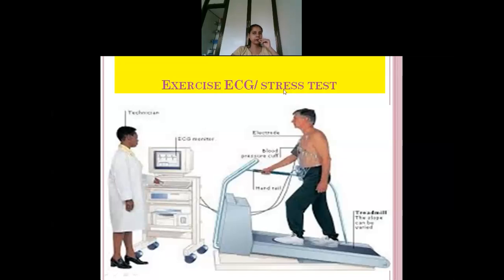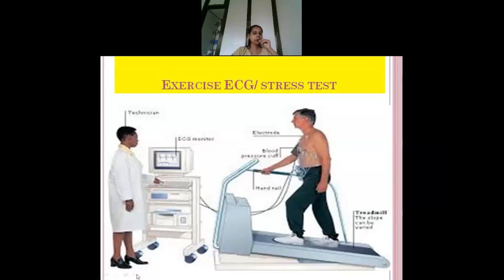Okay, so this cardiac stress test is a very important diagnostic procedure. It is the most important diagnostic procedure done for patients with coronary artery disease, especially to assess the coronary blood flow or the coronary circulation. Usually this exercise stress test measures the ability of the heart to respond to the stress.